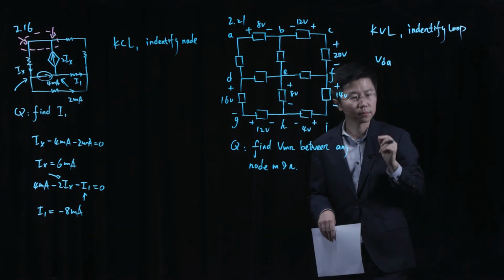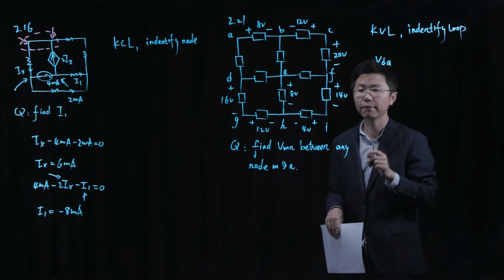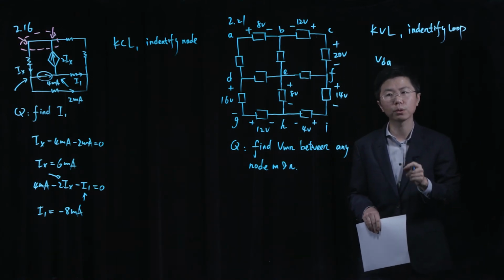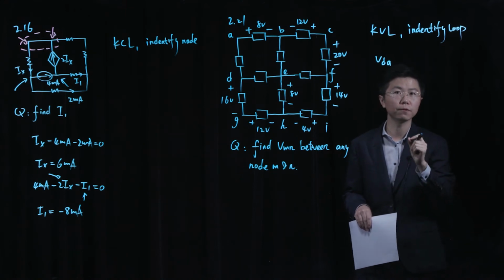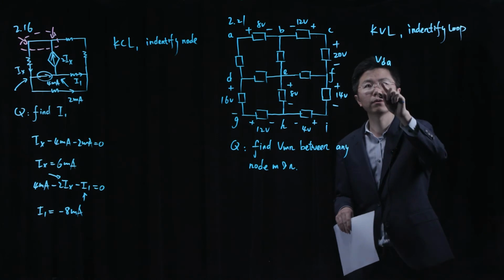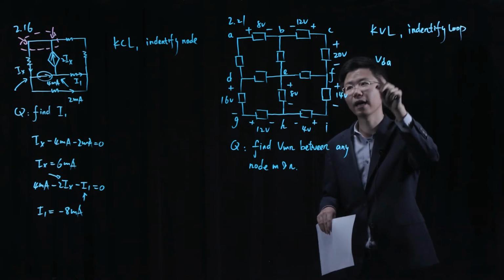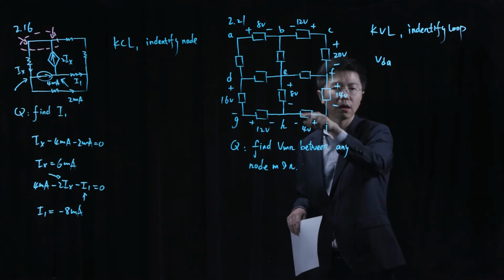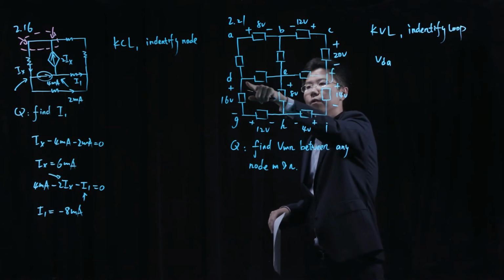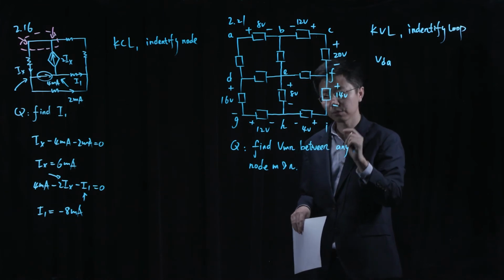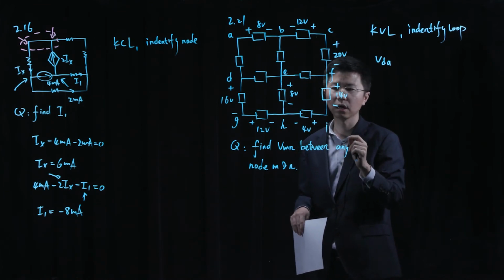Notice when you apply KVL, you also need a reference direction for how you examine the positive terminal of each voltage. Since we already wrote VDA here, we're going to assume traversing this loop in the clockwise direction, and the first terminal we encounter will be the reference positive terminal.